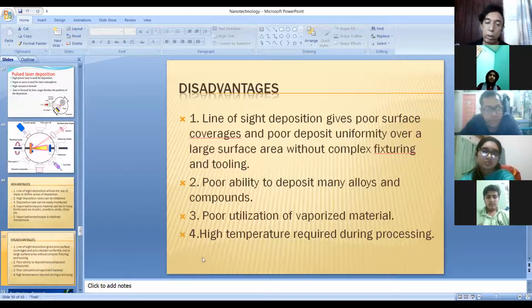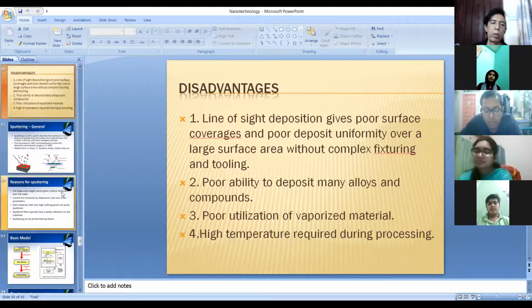Now, this last one, high temperature required during processing. To avoid this temperature, what do we do?